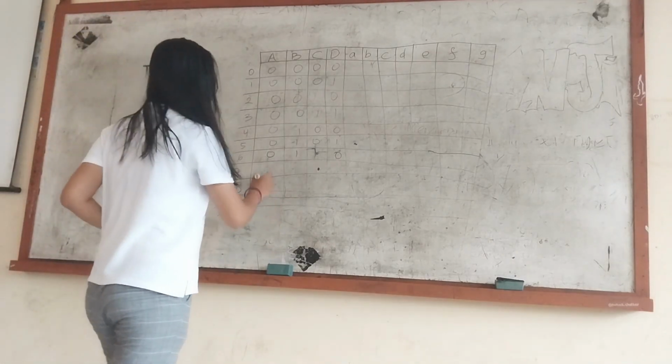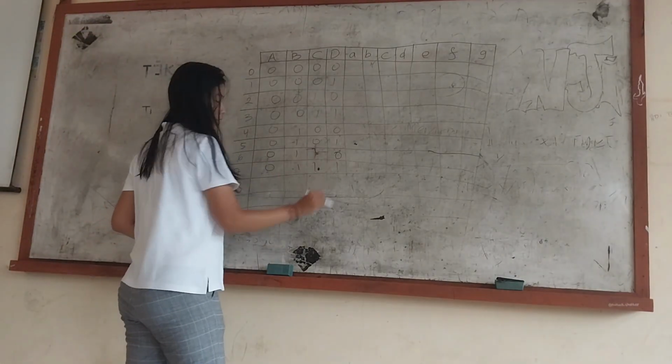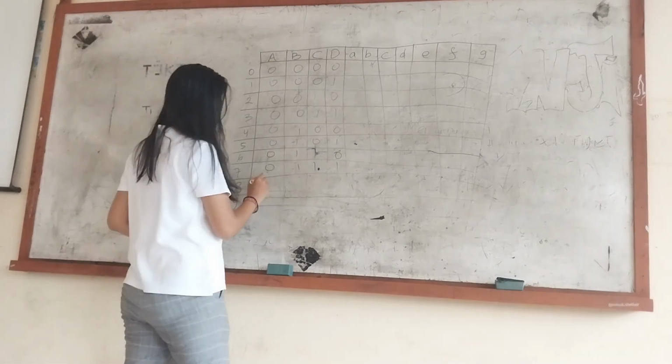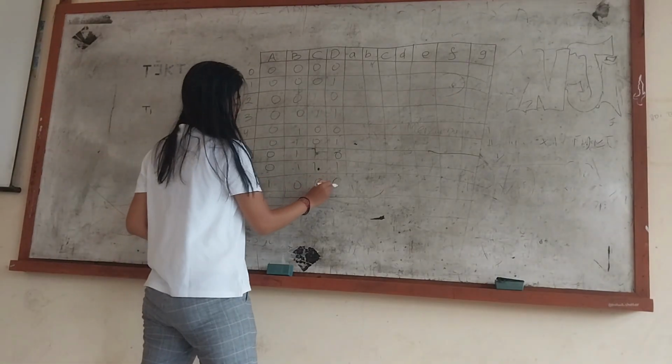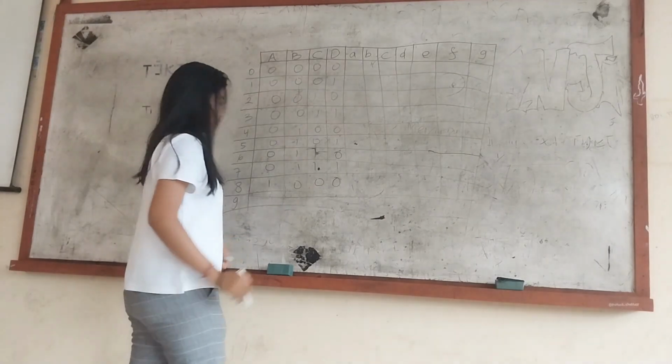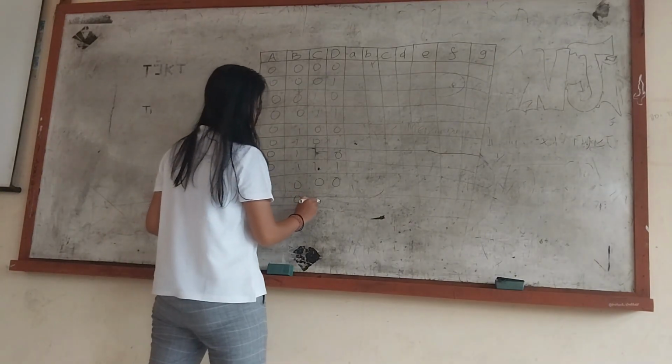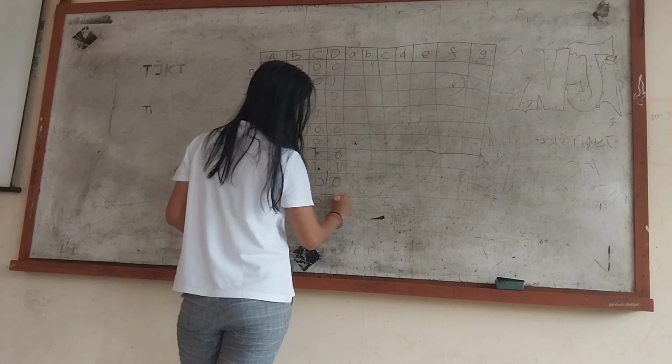The code of 7 is 0, 1, 1, 1. The code of 8 is 1, 0, 0, 0. And the last one is 1, 0, 0, 1.